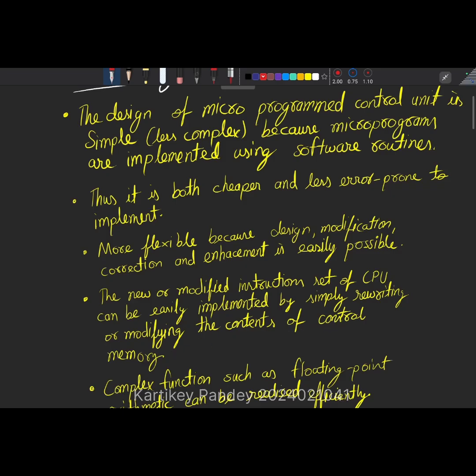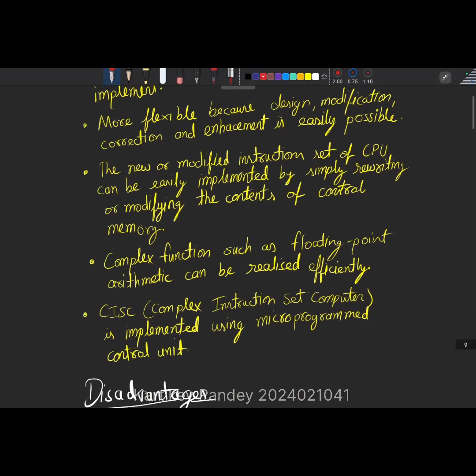Because of the presence of control memory, we can easily modify things by simply rewriting or modifying the contents of control memory. Now, complex functions such as floating point arithmetic can be realized efficiently using a microprogrammed control unit. One example which is implemented through a microprogram control unit is the complex instruction set computer, CISC.